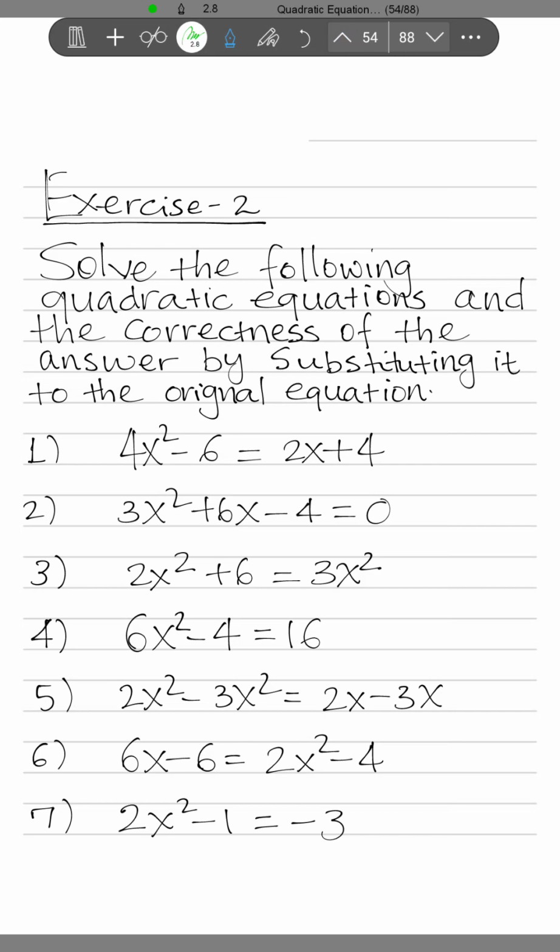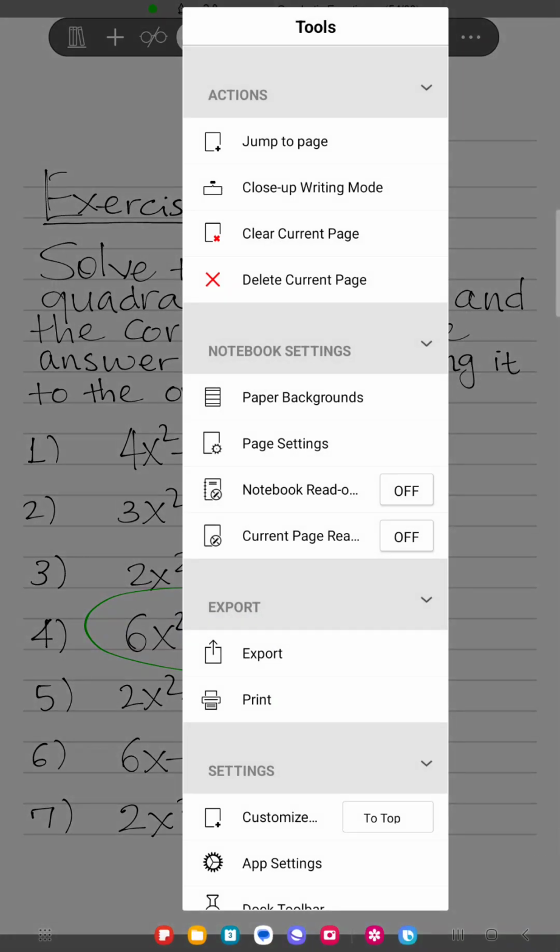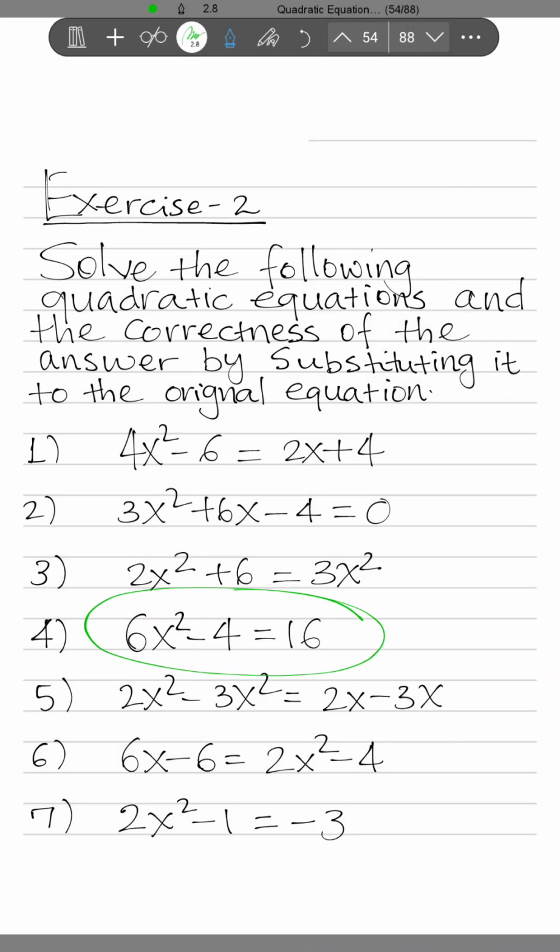One such example we can do if required. Let me just randomly take this one. 6x squared minus 4 is equal to 16. No worries, I can do it here.